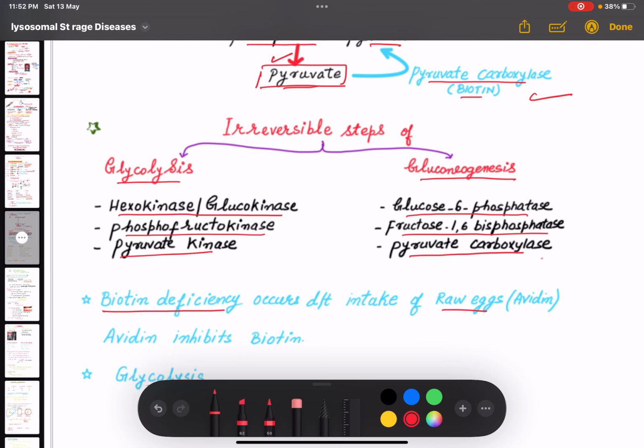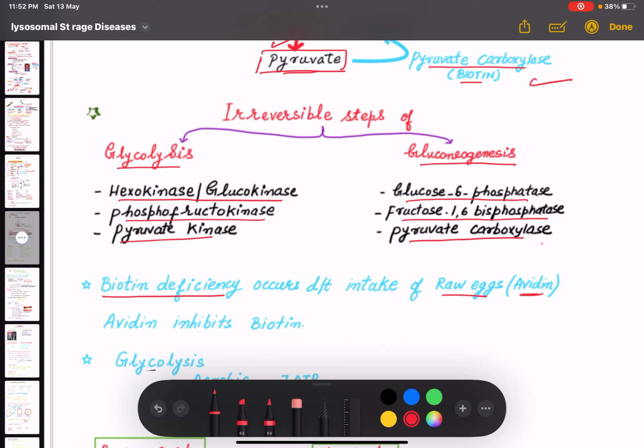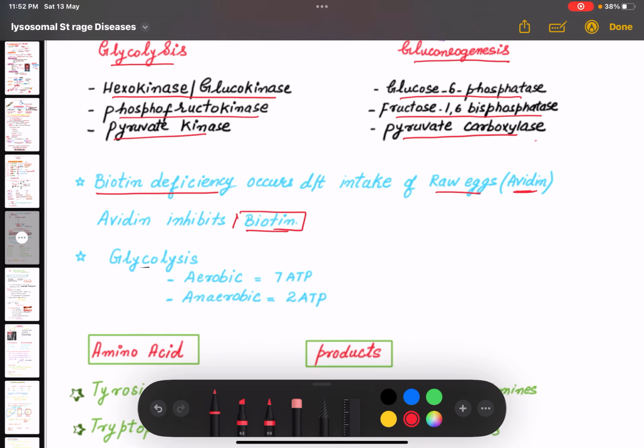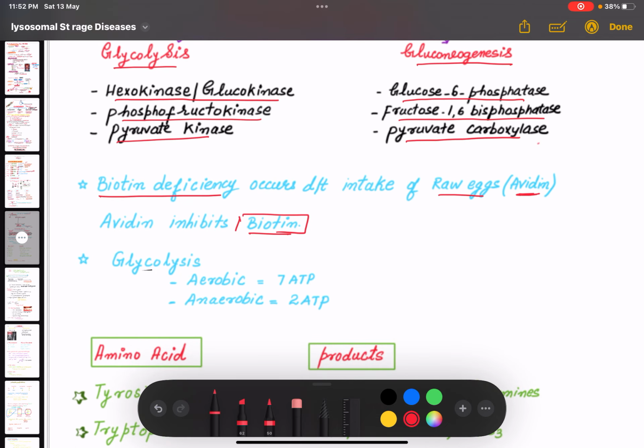If you take raw eggs, you will have biotin deficiency, because the avidin which is present in raw eggs inhibits biotin. And patients who have biotin deficiency will have alopecia, that is hair fall.